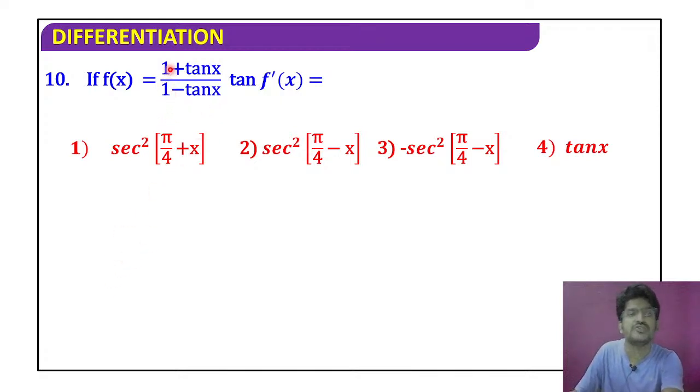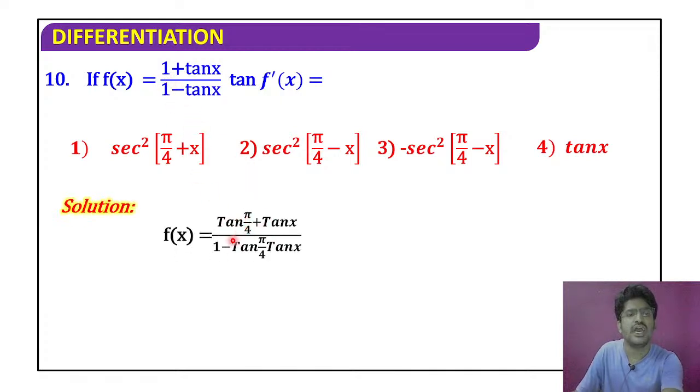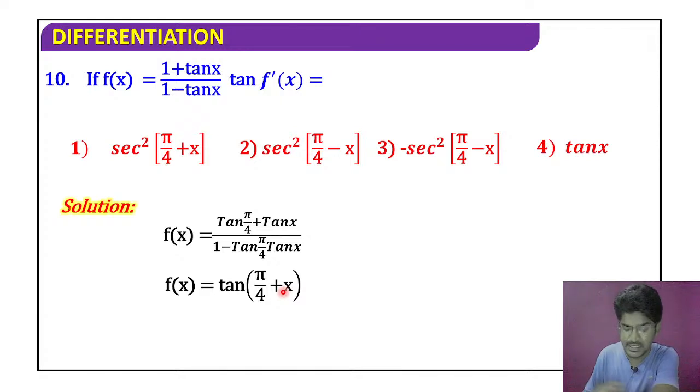Clear? So all of you see here, I can write this 1 as tan pi by 4. Here also I can write it as tan pi by 4. I will write 1 as tan pi by 4, and here I will write 1 minus tan pi by 4 into tan x, because I can convert this to tan of pi by 4 plus x.